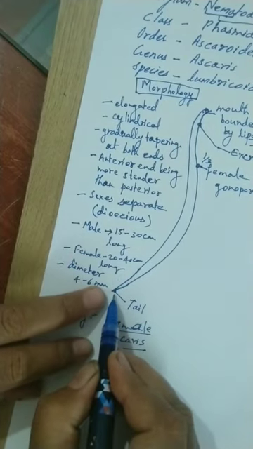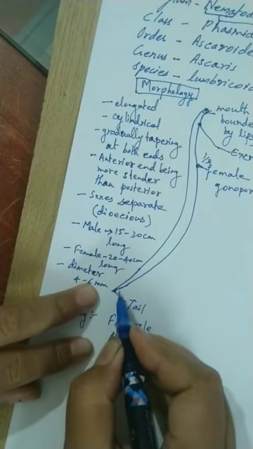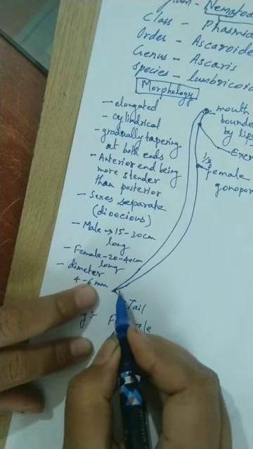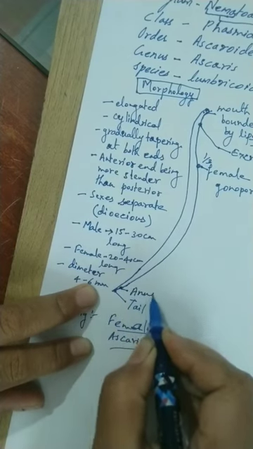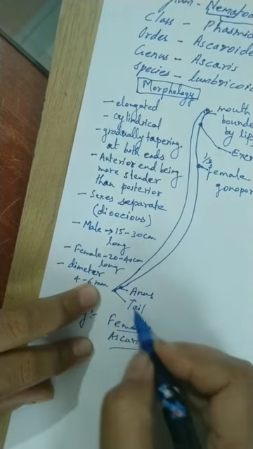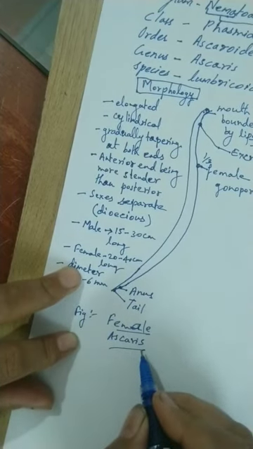Then the last portion is the tail. Here the anus is present, near the tail region. This is the diagram of the female Ascaris.